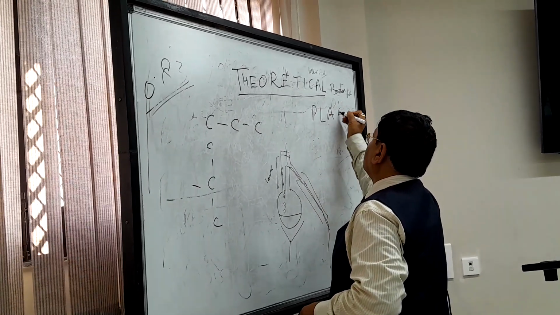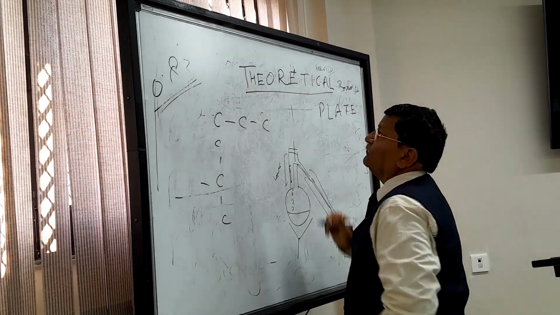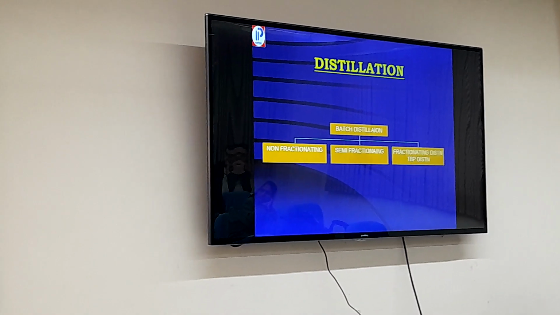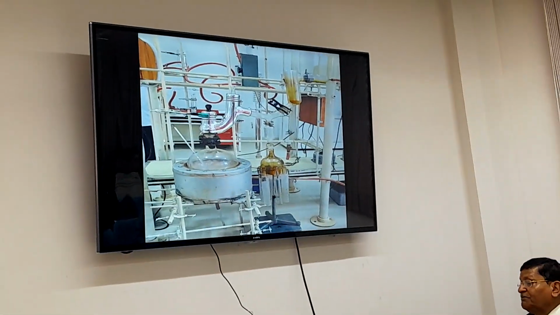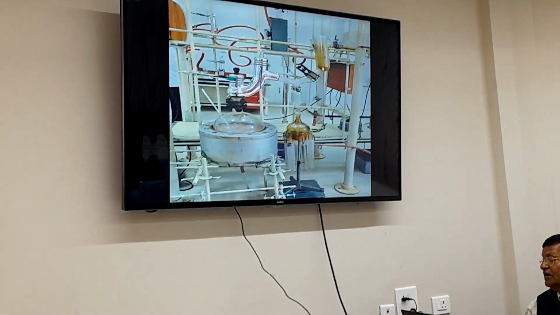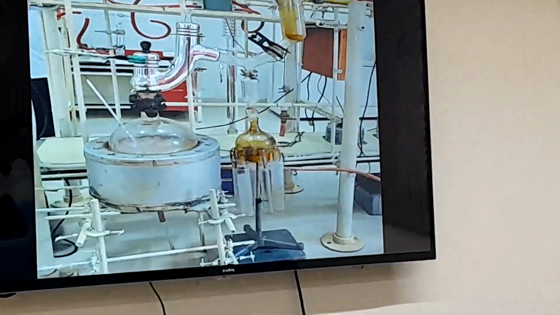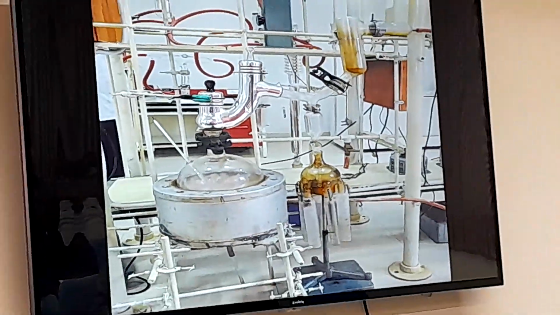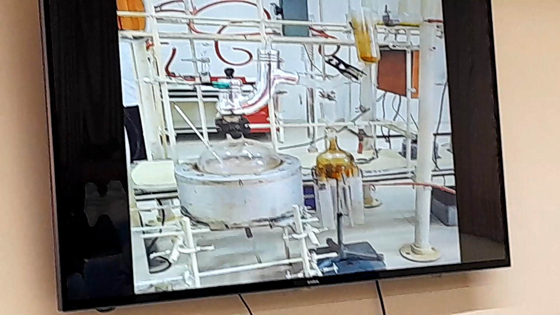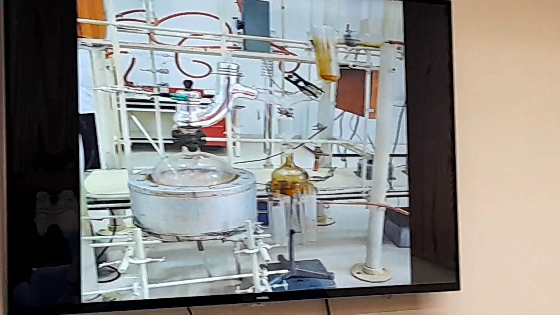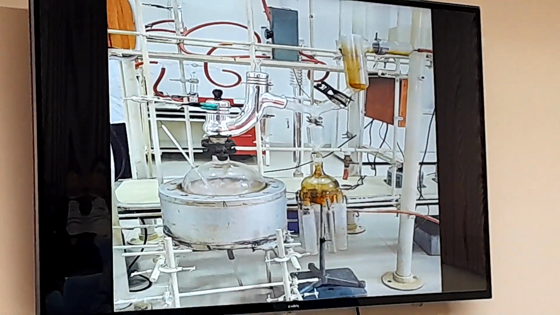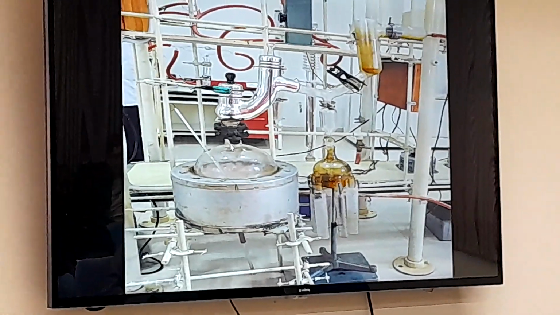At this column, these vapors will go to the receiver. Some of the vapors will be trapped here and will go down to the flask, once again one more theoretical plate. So the number of stages is 1 plus 1, that is 2.